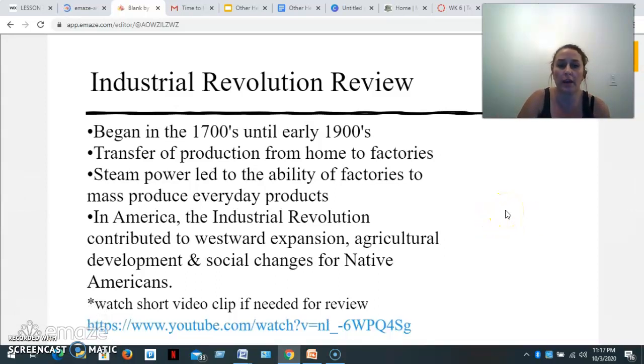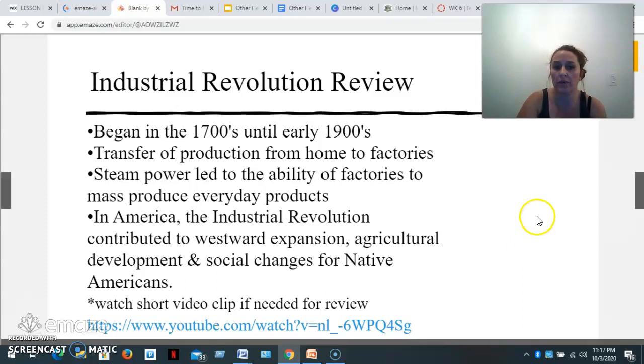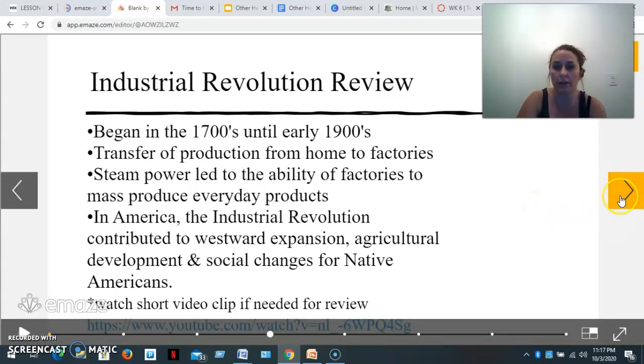This was led by an increase in technology. Steam power led to the ability of factories to mass produce everyday products that people needed. In America, the Industrial Revolution contributed to westward expansion, agricultural development, and social changes for Native Americans.